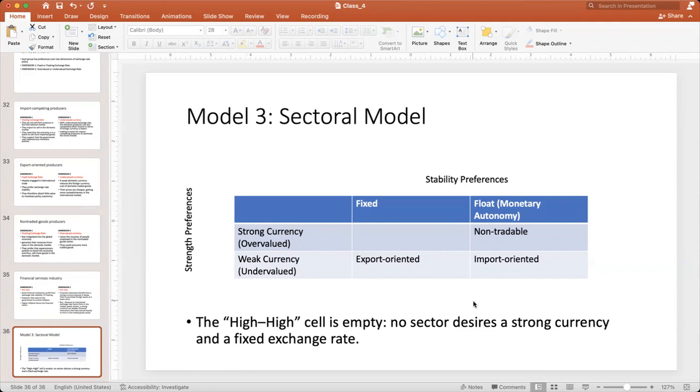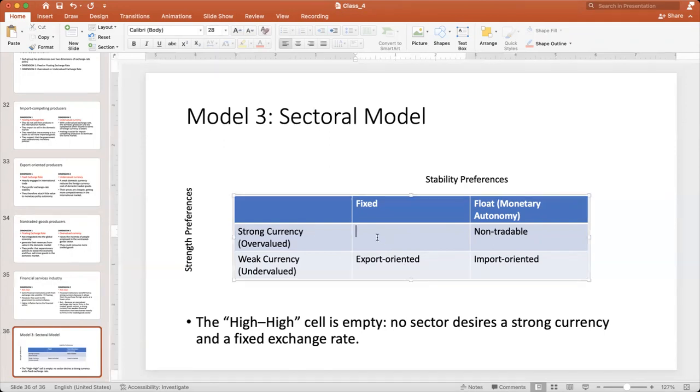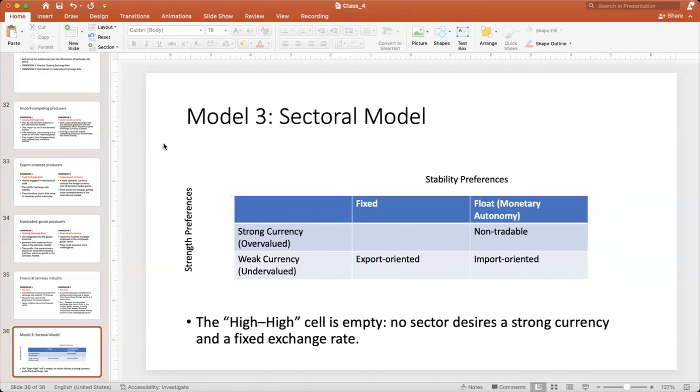Remember, I'm not putting the financial services here because it is not clear where the financial sector is. And the top cell is empty, because there is no sector that desires a strong currency and a fixed exchange rate. So, okay, guys, this is the final part of this class.